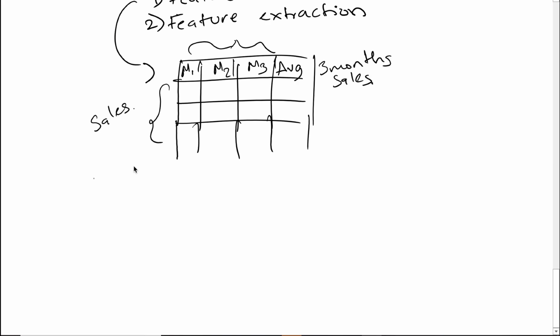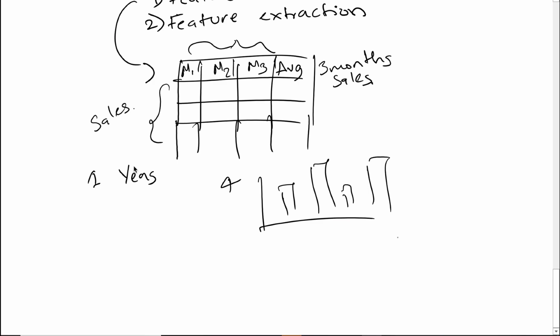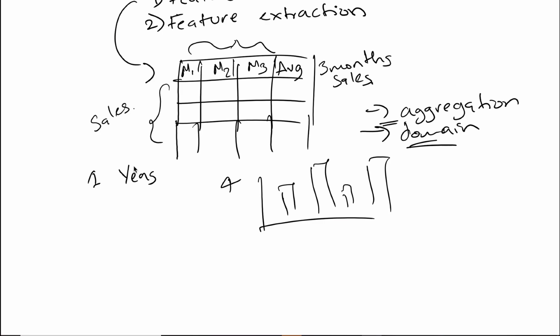Let's say if we have data for 1 year, then we can have 4 quarterly data points, and then we can plot it and visualize, on average, which month or which quarter performs better. So this is, on a very basic level, what feature construction is. Basically, you're doing some sort of aggregation with feature construction, or you're creating a new field based on the domain knowledge that you have acquired, or if you have any knowledge of the industry, you can create a new variable out of it. So this is one way to look at feature construction.